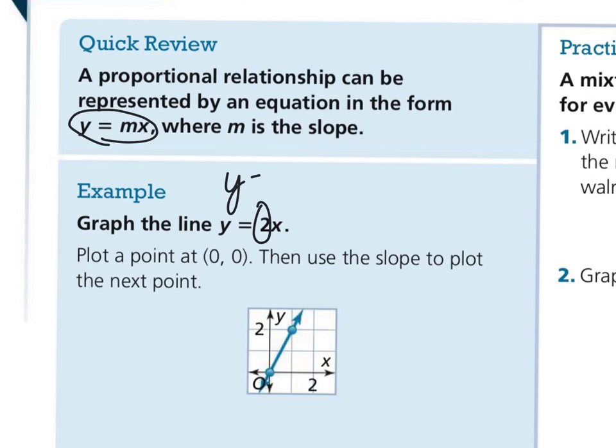This is also in y equals kx format, so we know it's proportional. Nothing's being added or subtracted, so it is going to go through 0, 0. The slope is 2, which is like 2 over 1. So from 0, 0, we could go up 2 and over 1 and get to another point on the graph.